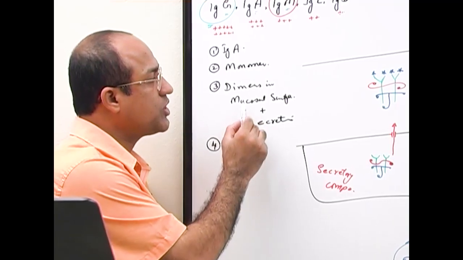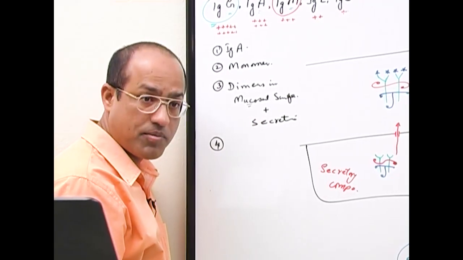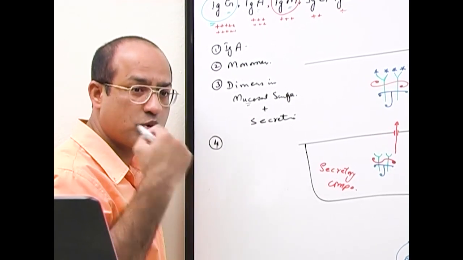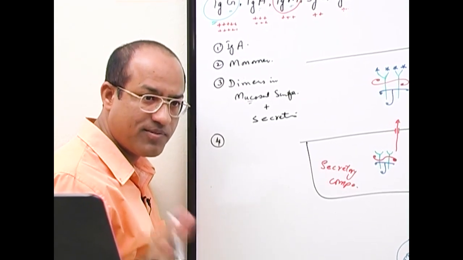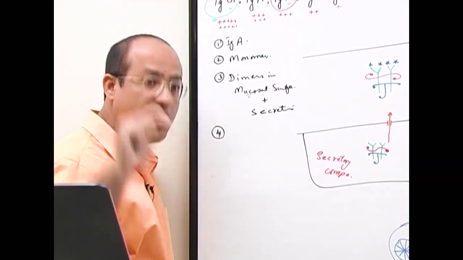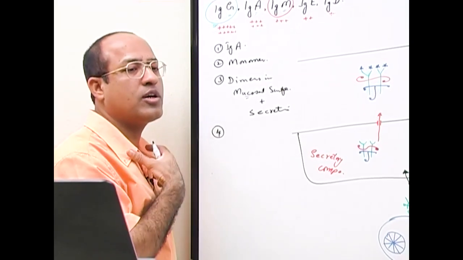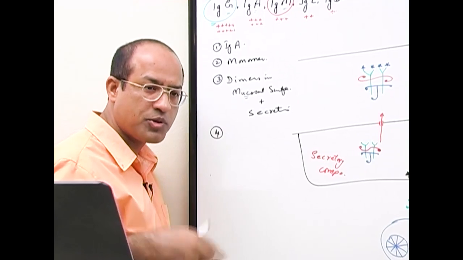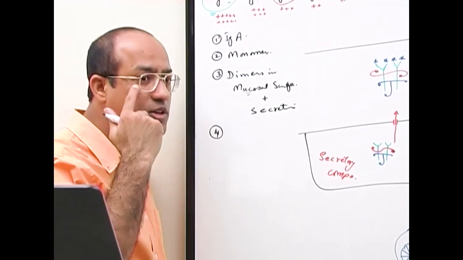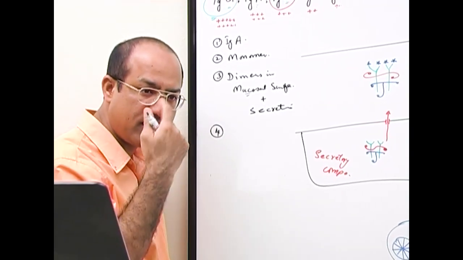is present in which mucosal membrane? Every mucosal membrane. Throughout the gastrointestinal system, it is painted with IgA. Urogenital system, it is painted with IgA. Your respiratory system, all respiratory mucosa is painted with IgA. Even your conjunctival mucosa is painted with IgA.